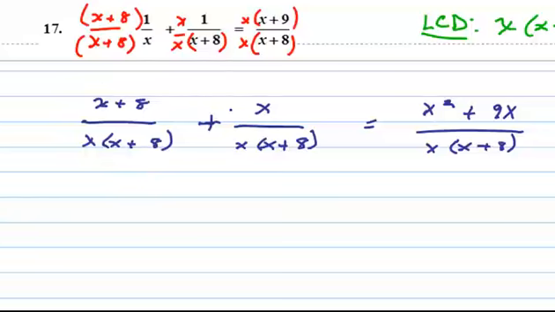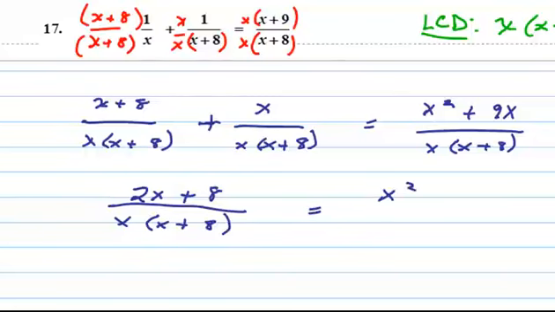So now you add these two expressions, and x plus 8 plus x, well, we get 2x plus 8 over x times x plus 8 equals x squared plus 9x over x times x plus 8. Now here's what happens. Students do this because they knew this procedure, and then they get here and they don't know what to do.